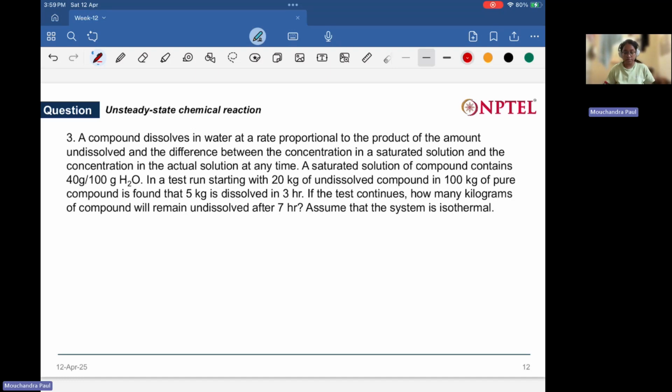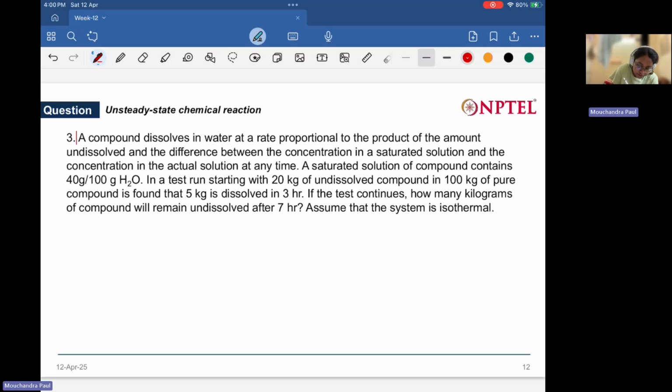So let's begin the third problem. The third problem states that there is a compound that dissolves in water at a rate proportional to the product of the amount undissolved and the difference between the concentration in saturated solution and the concentration in the actual solution at any time.